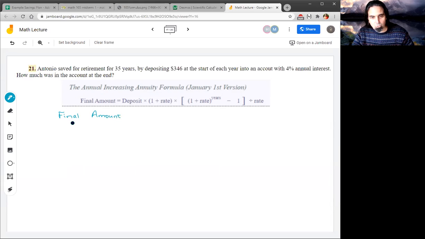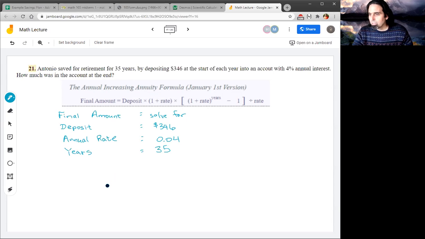We don't have any of that annoying divide by 12 times 12 stuff. 35 years, 346.04, and that's what we solve for. So we don't have to do anything to those numbers. Yay.